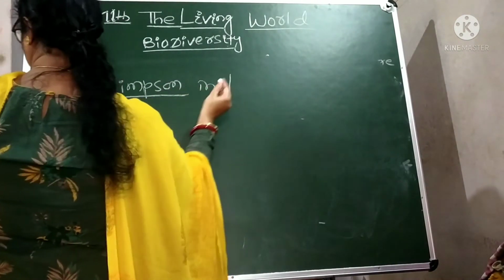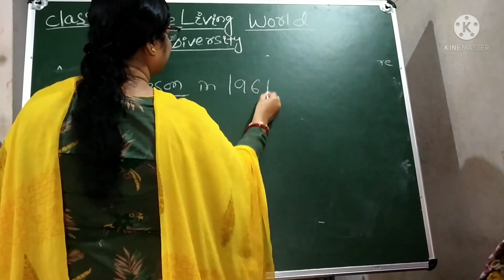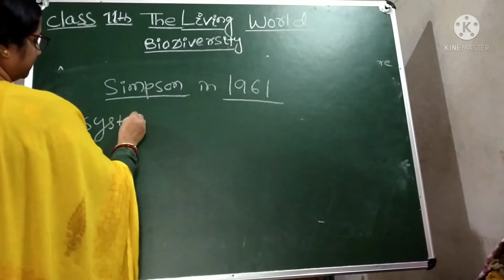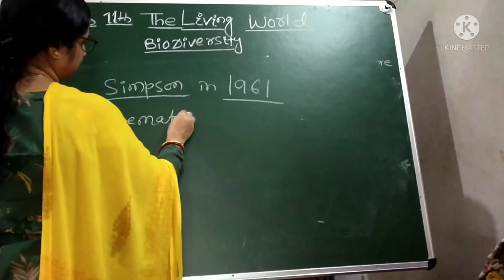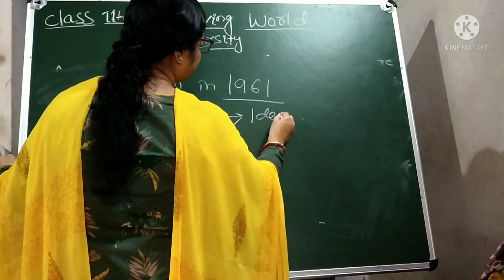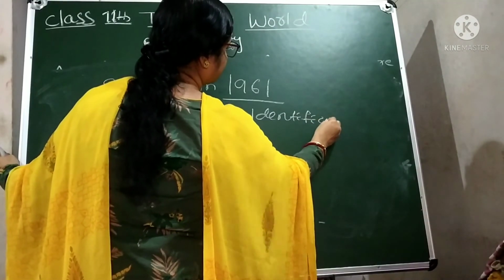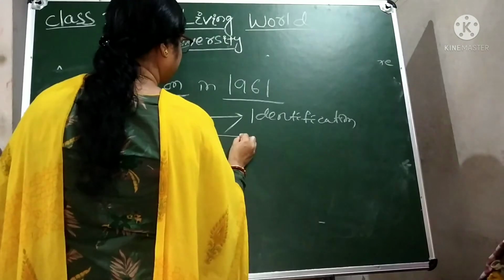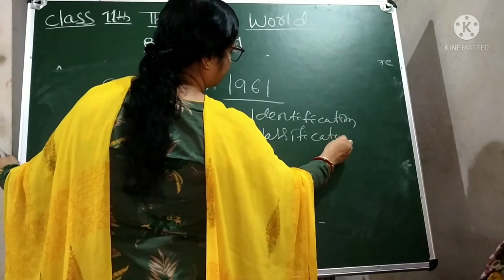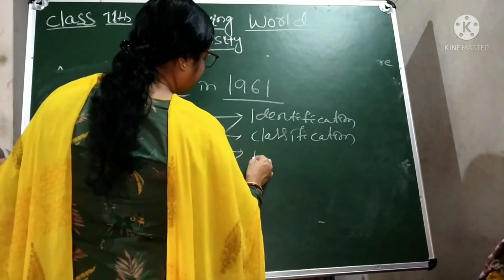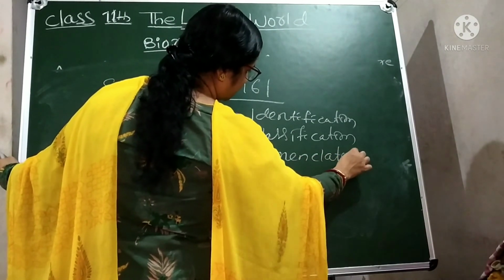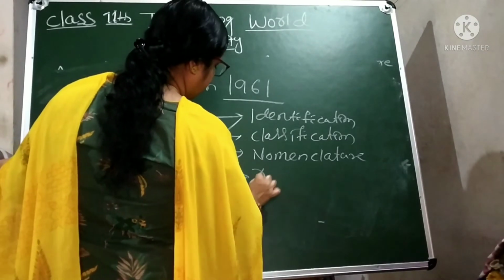in 1961 states that systematics consists of identification, classification, nomenclature and description.